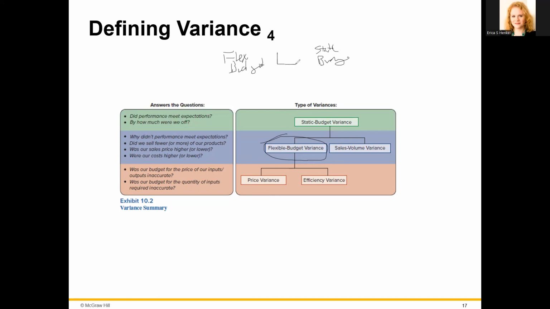So in between these two, the static budget and the flexible budget, you've got a variance that is due to the change in volume, and that is the sales volume variance. And then the flexible budget difference, and sorry, the actual cost paid, right? So the flexible budget is your budget at production level.